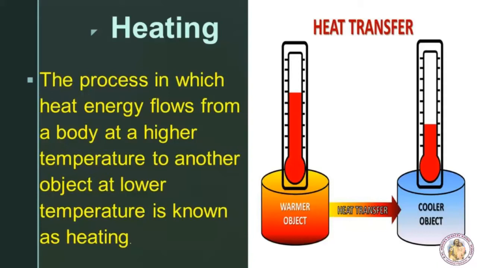This process of transmission of heat may be done in any of the ways like conduction, convection, or radiation. The SI unit of heat is joule. It is represented by the symbol J.